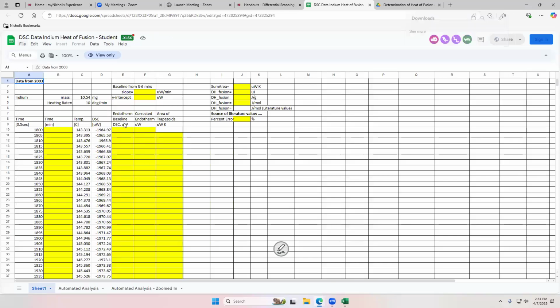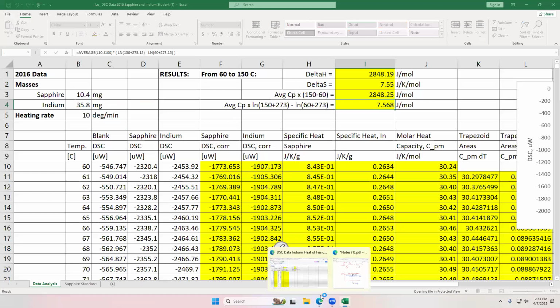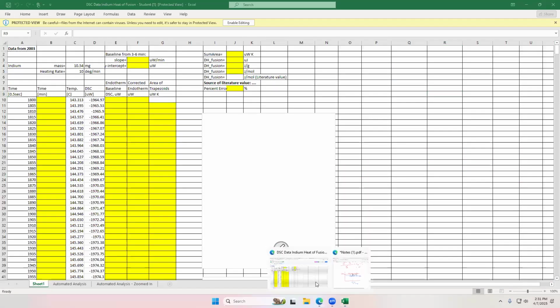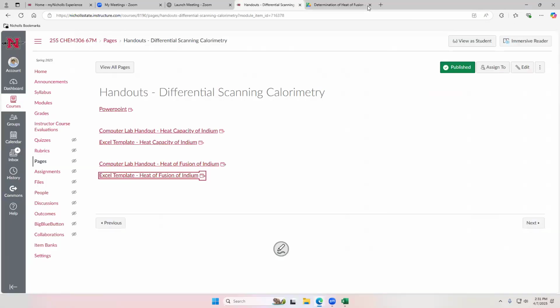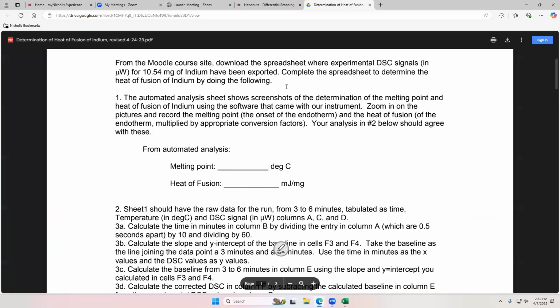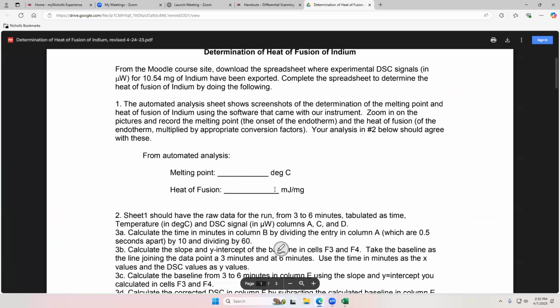and then download it as a Microsoft Excel file, and open the file. All right.